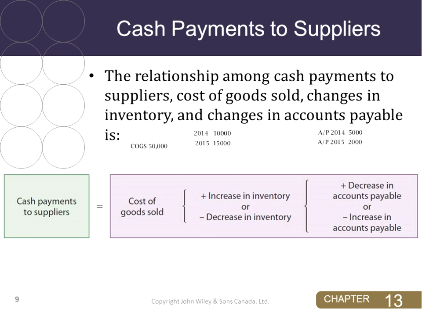Let's take a look at what our cash payments to suppliers would be. So again, we take our cost of goods sold of $50,000. We have an increase in inventory of $5,000.